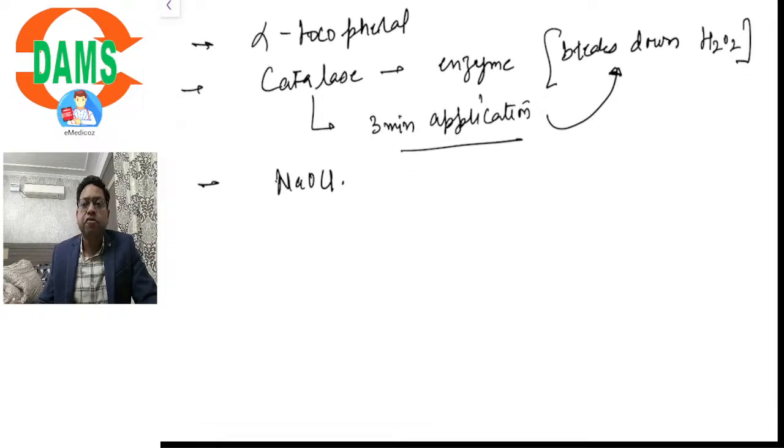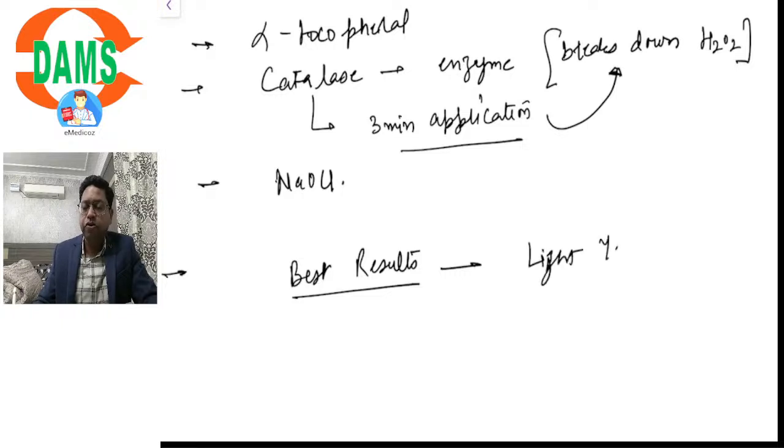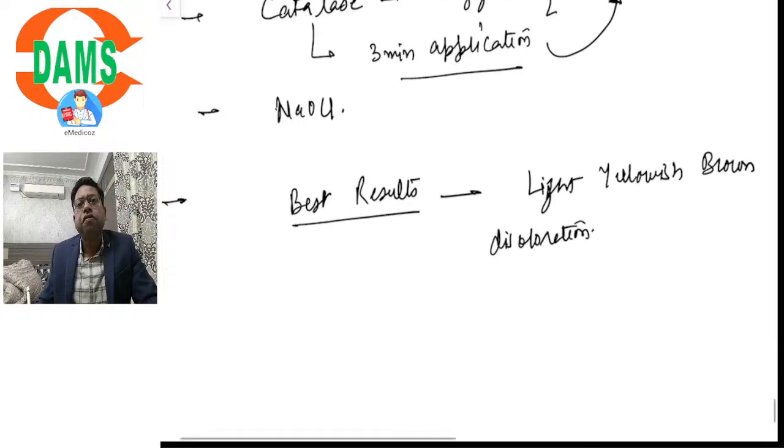These are the different types of bleaching treatments that are advocated. Best results are obtained for light yellowish brown discoloration with bleaching treatment.